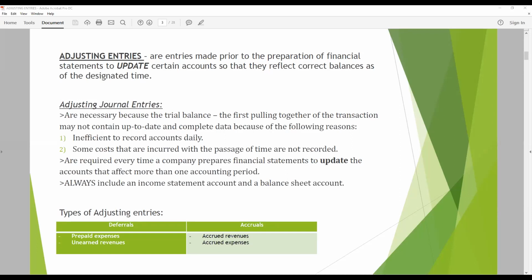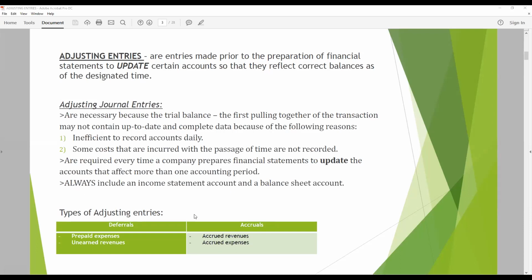Kapag nag-record kayo ng asset, upon passage of time, they expire, so you have to update that. So they are required every time a company prepares financial statements to update the accounts that affect more than one accounting period. And always include an income statement account and a balance sheet account.